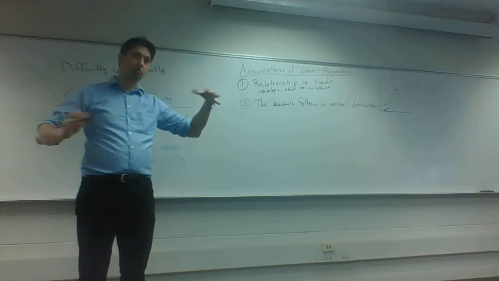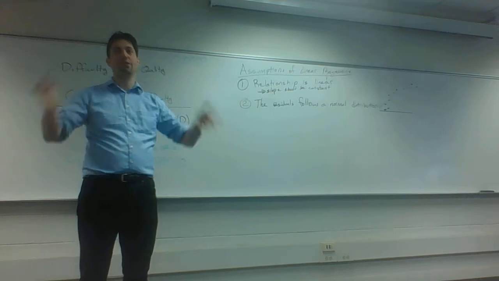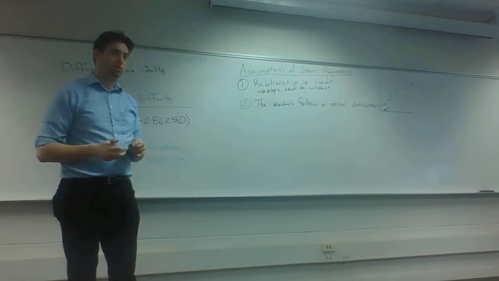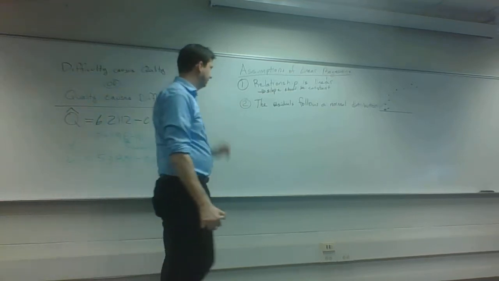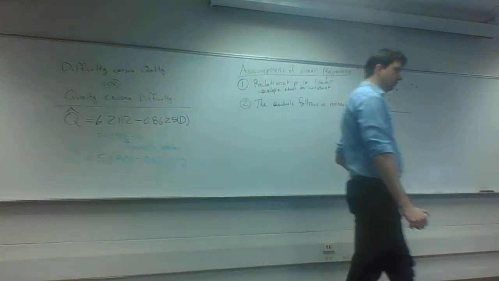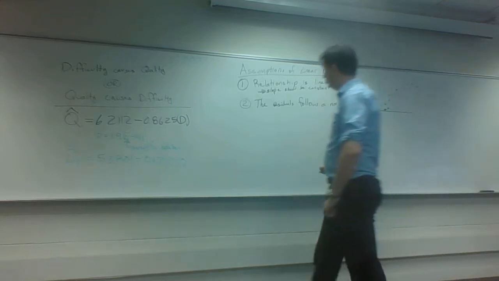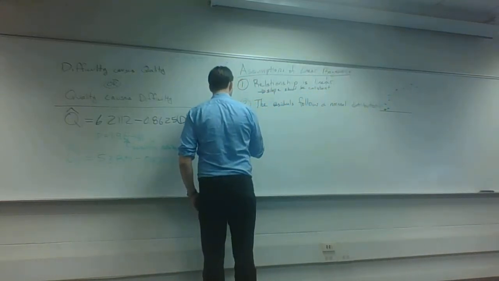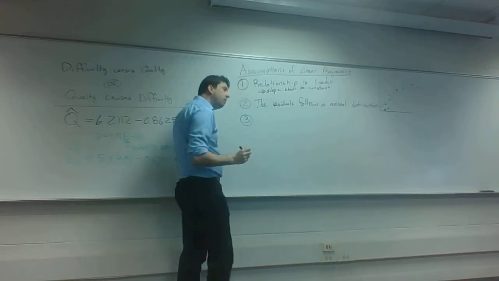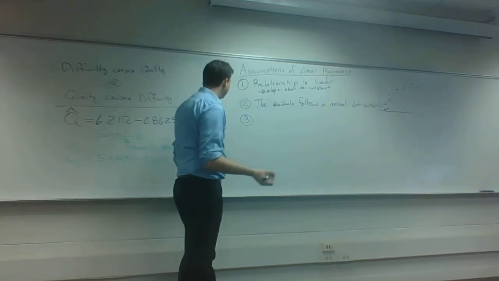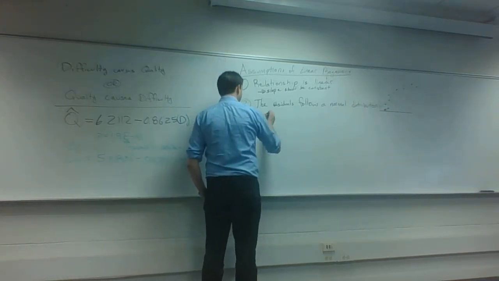Take all the residuals, plot them on a histogram, and you should see something that at least resembles a normal distribution. This one isn't a huge deal for the kind of thing we're talking about, but it can come up in different kinds of analysis.